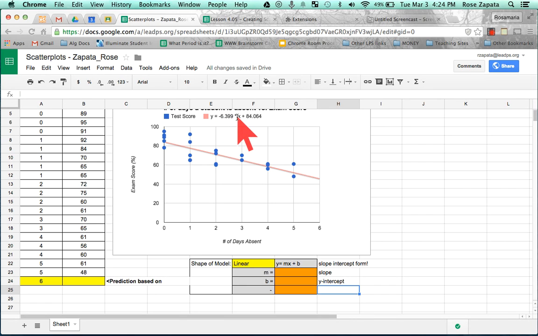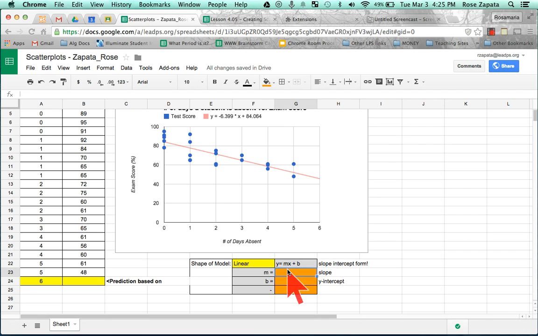So our value of m, or our slope, is negative 6.399. So here I'm going to put negative 6.399. Our y-intercept is the constant, right? The value at the end, which in this case is 84.064.